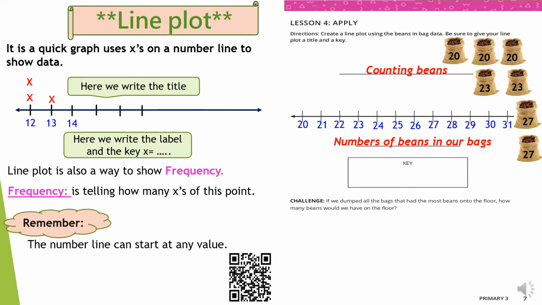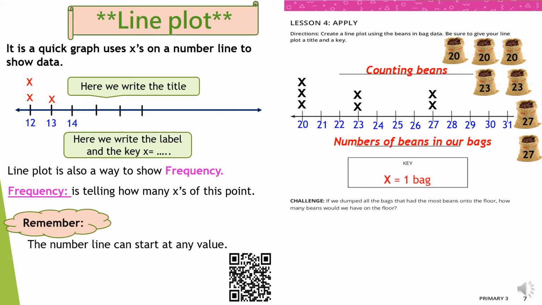Let's start to put our X's. We found that 3 bags contain 20, so on 20 we will write 3 X's. And we found that 2 bags contain 23, so at 23 we will write 2. And 2 bags contain 27 beans, so we will write 2 X's at 27.